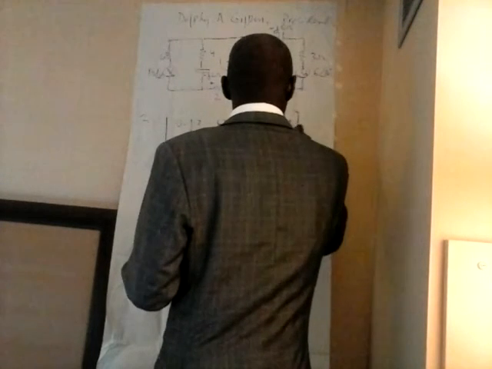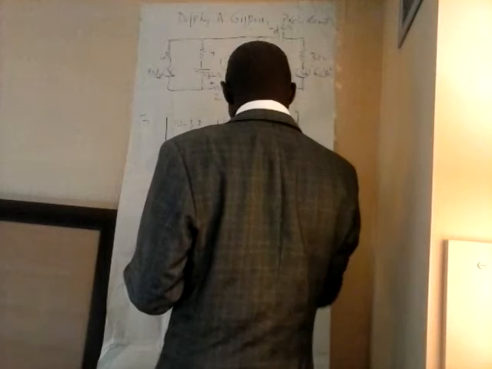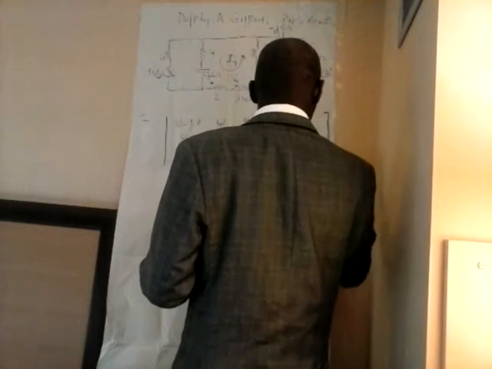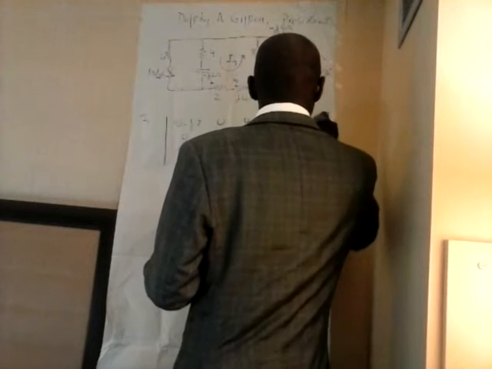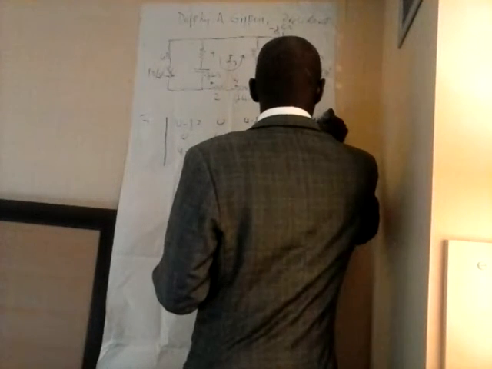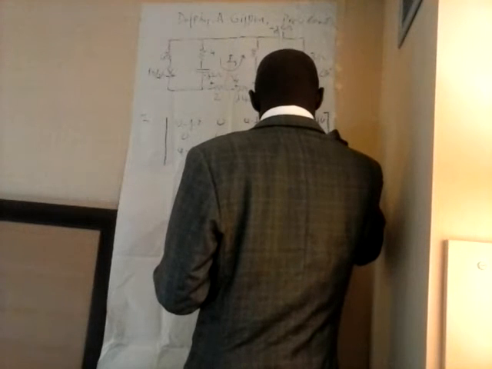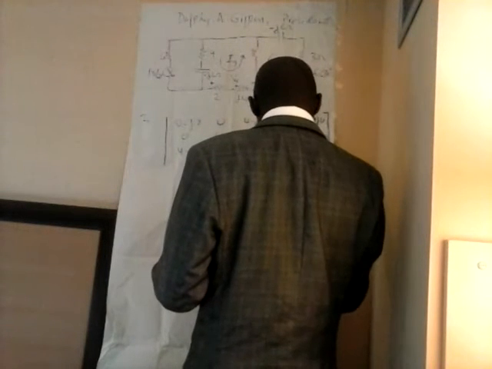I1, I2, I3. Ten plus J0, 5.2 plus J3, and 0.